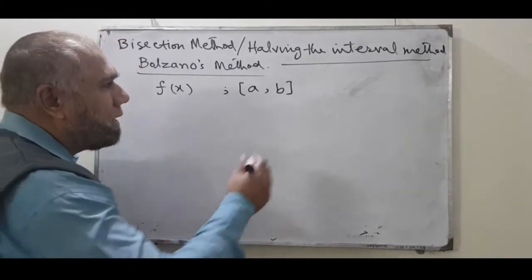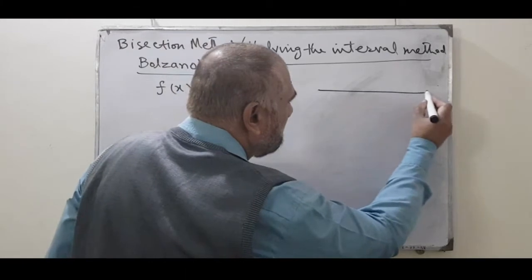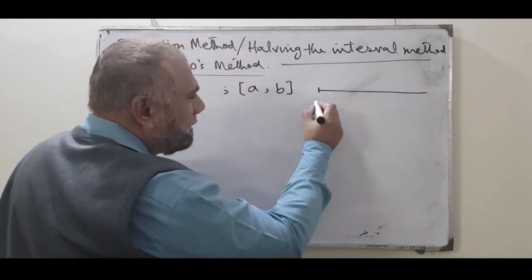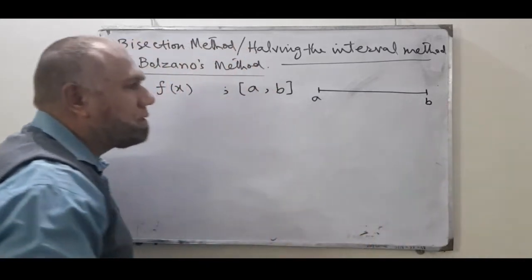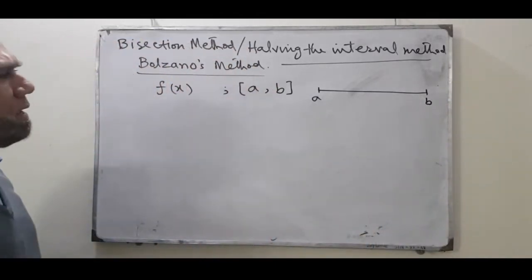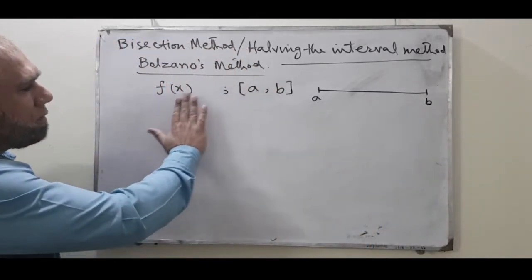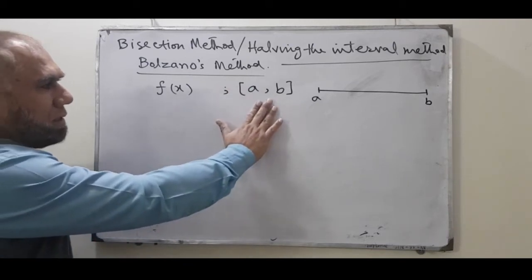Here I show it by a straight line indicating the two endpoints of the interval. This is the situation so far. How can we say the root of this function lies within this interval?